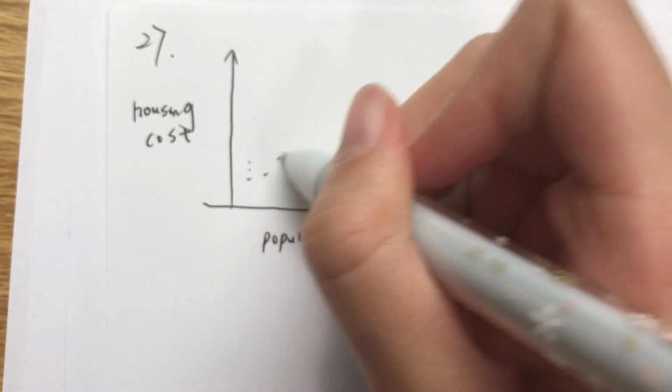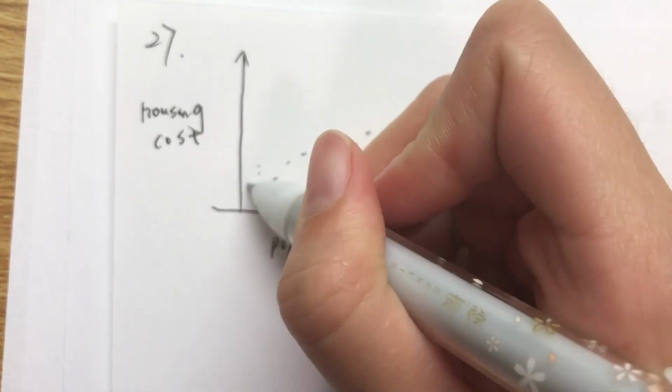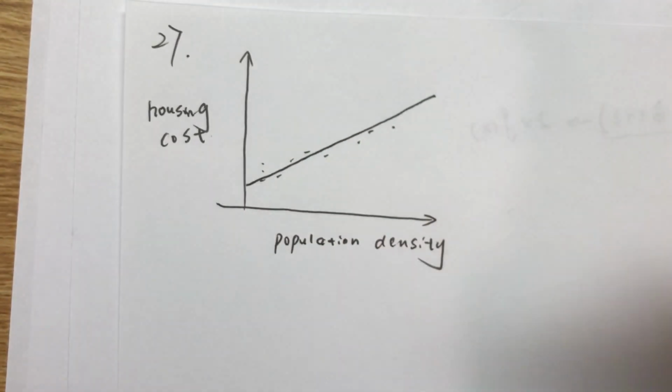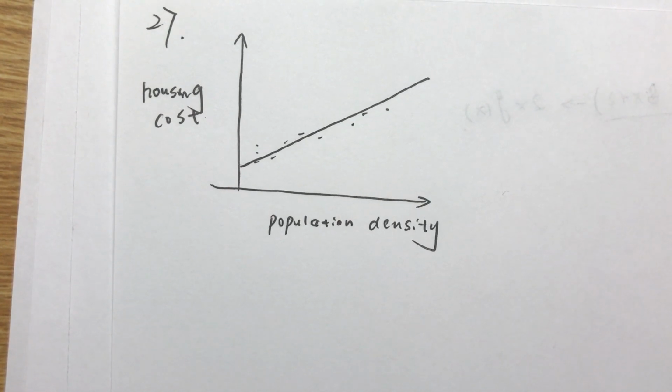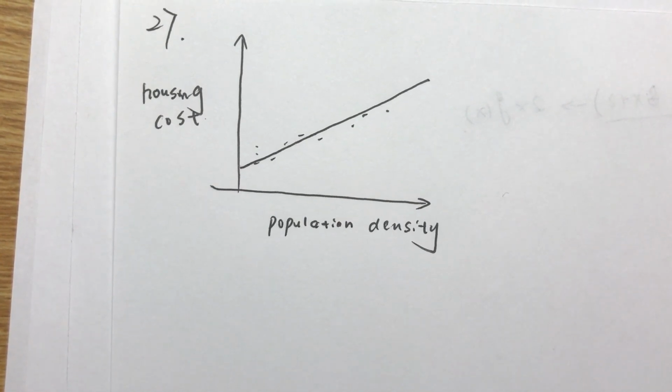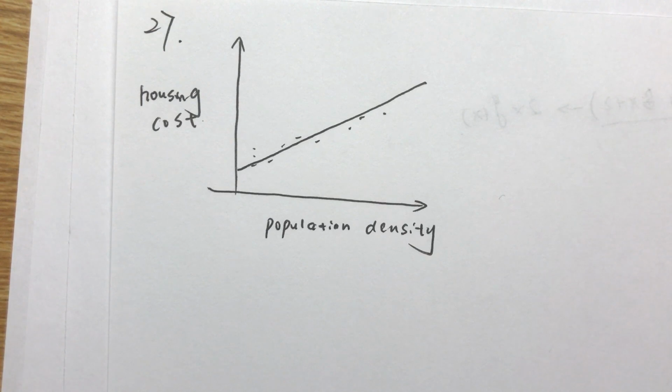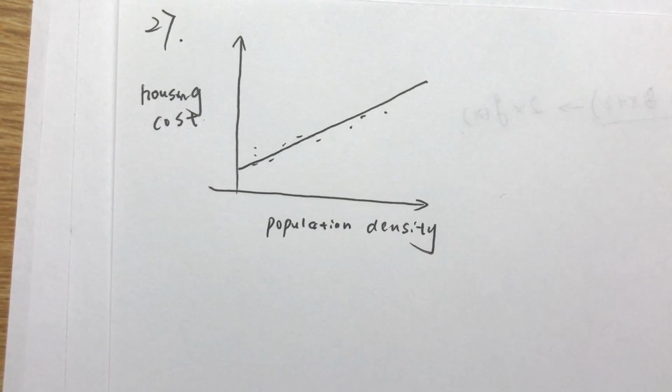So we have some random dots here, and we have a line. This is the best fit line. So the question asks, which of the following best explains how the number 61 in the equation relates to the scatter plot?